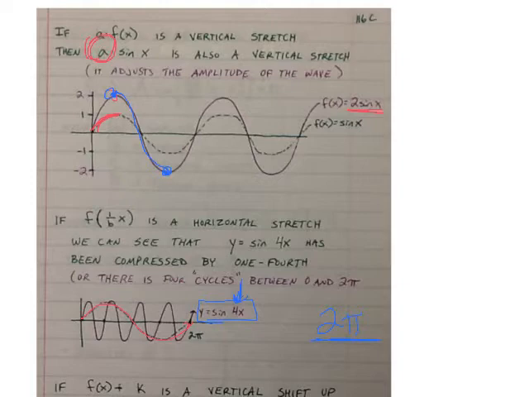So the way that I did that was I cut it in half and then I cut it in half again. So I divided my distance into 4 equal spaces, and then I drew my sine curve between those spaces. So up, down, up, hit the space. Up, down, up, hit the space. Up, down, up, hit the space, and then up, down, up, hit the space.